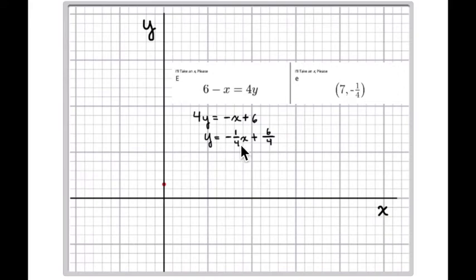And the slope is a negative 1/4. That means every 4 units in the positive direction, it goes down 1 unit. So it's 1, 2, 3, 4, and then down 1 unit. So you put a point right here, 1, 2, 3, 4, down 1 unit. Or you could go 4 units in the negative direction, 1, 2, 3, 4, and up 1 unit.